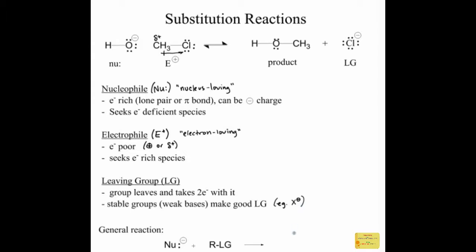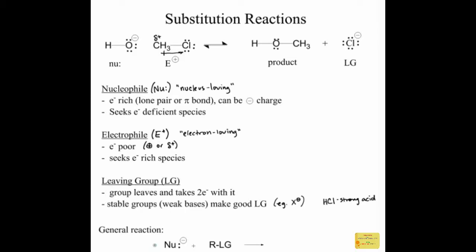We'll see chloride, bromide, iodide as very common leaving groups, and these are all weak bases because of their conjugate acids. If you look at HCl, how do we describe HCl? We know that as a strong acid, and so that tells us that the conjugate base chloride is a very weak base, very stable, and so they make very good leaving groups.